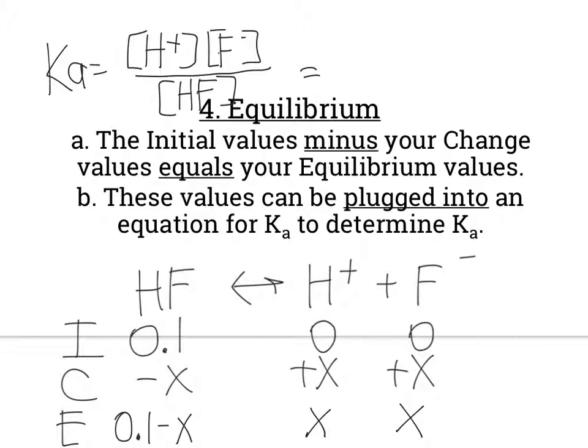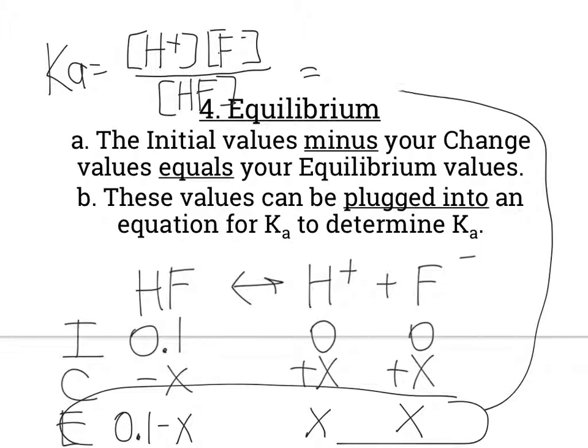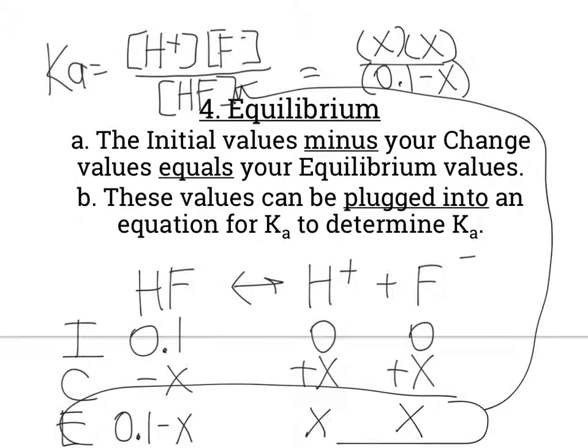So if using this equation, these values are what get plugged into our equation. So this will turn into x times x over 0.1 minus x. And that all will equal our Ka. This allows us to solve for x.